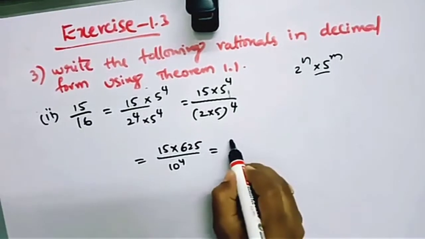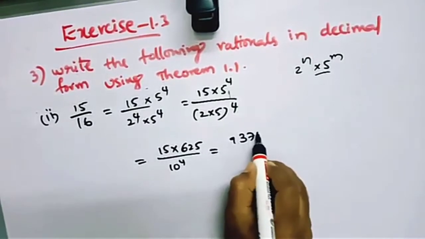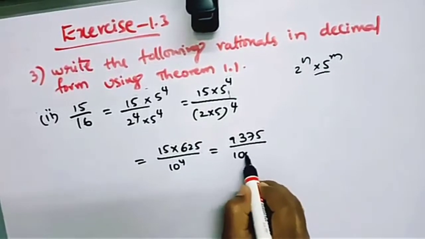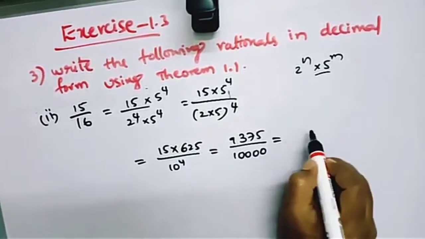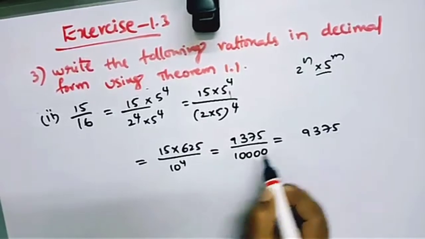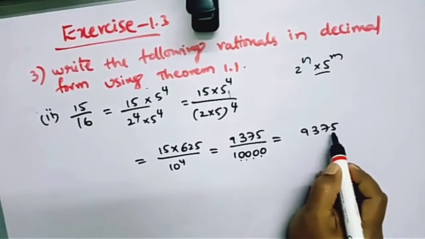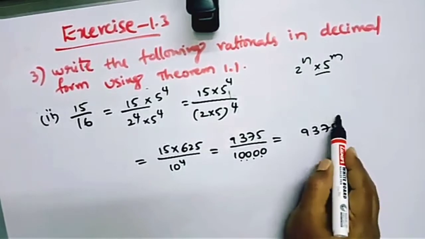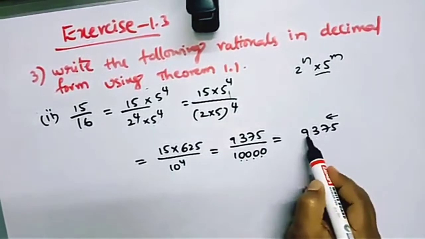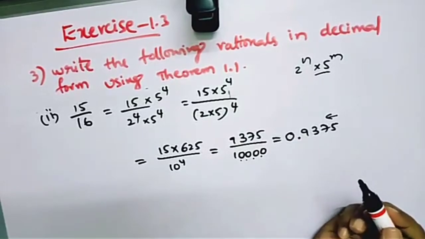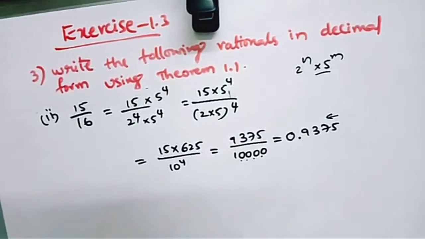That is 15 into 625, you will get 9375 by 10 to the power of 4, that means 4 zeros. Keep the 4 digits, and move the point after 4 digits: 1, 2, 3, 4. Then you will get the point here, and write 0. The answer is 0.9375.